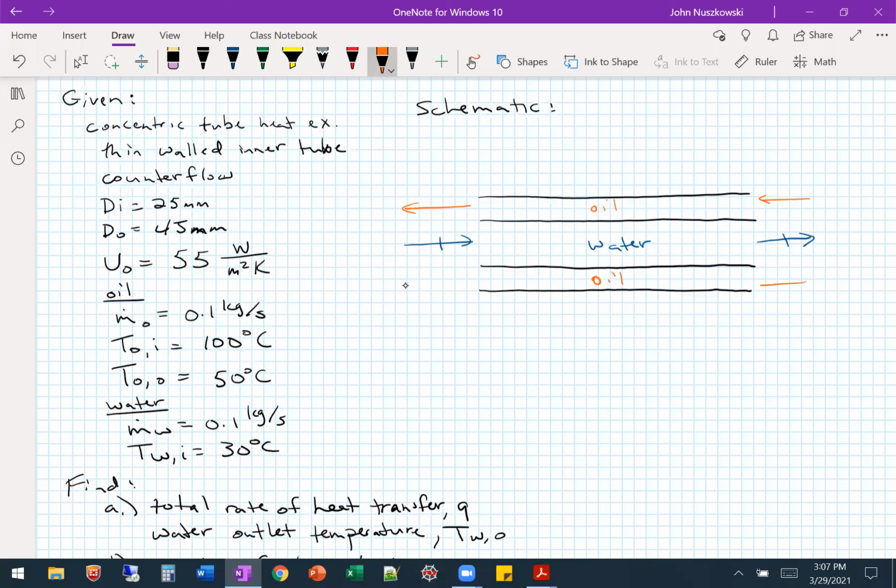Counterflow, so the directions are different between the oil and the water.